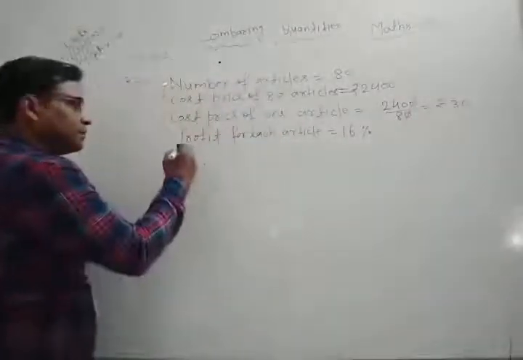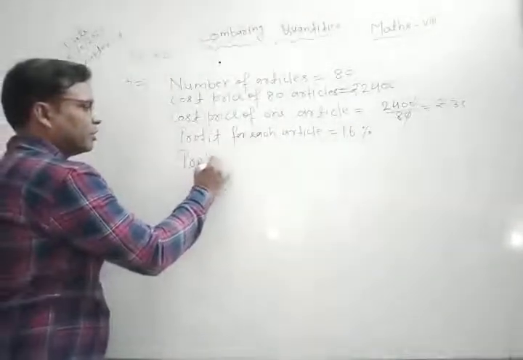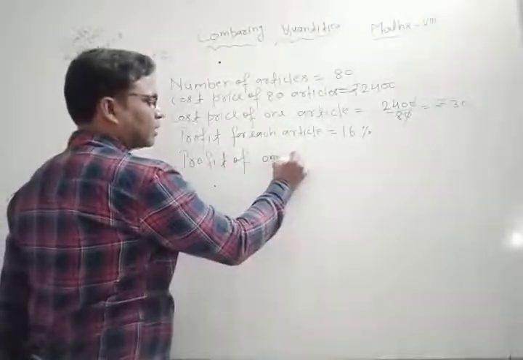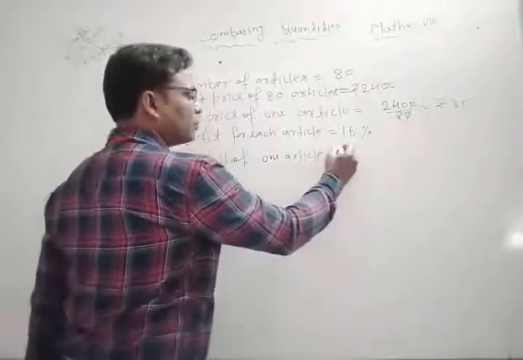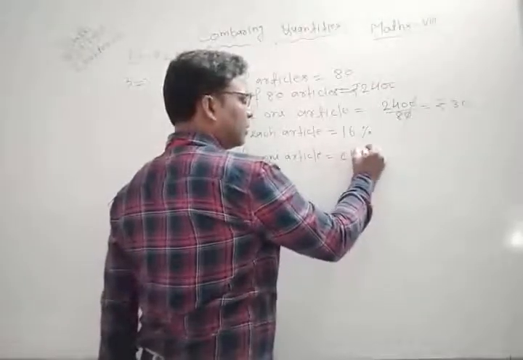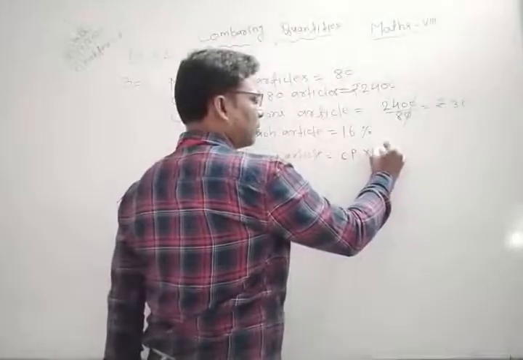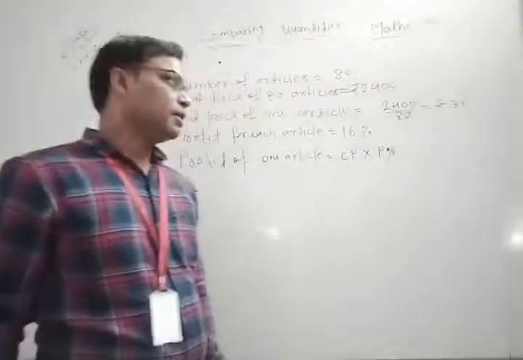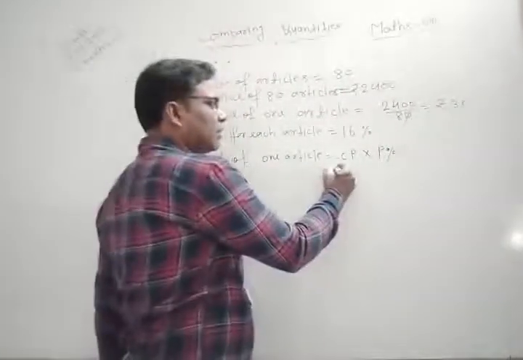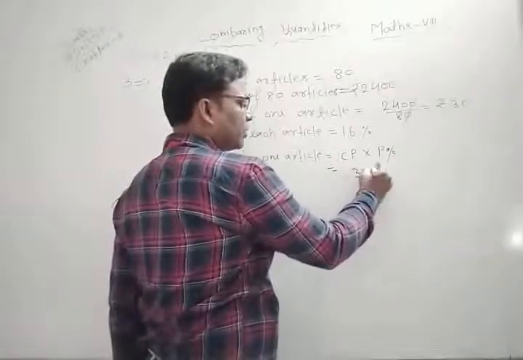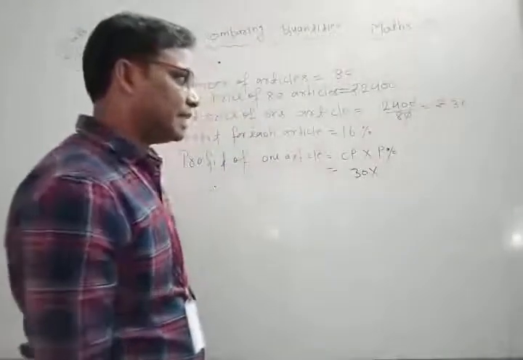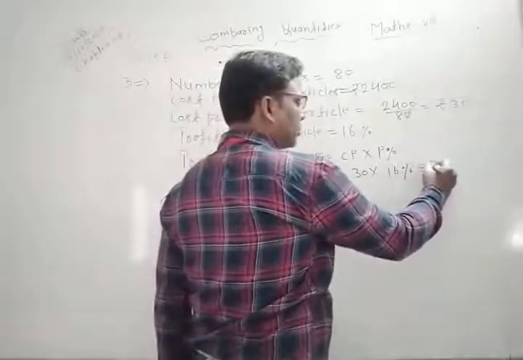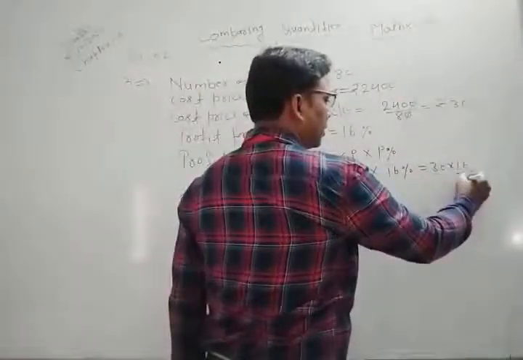Okay, so profit of one article, this is equal to CP of one article into profit percentage. Okay, so CP of one article is 30 rupees. So profit of one article is here 60%, which is 30 into 60 by 100.